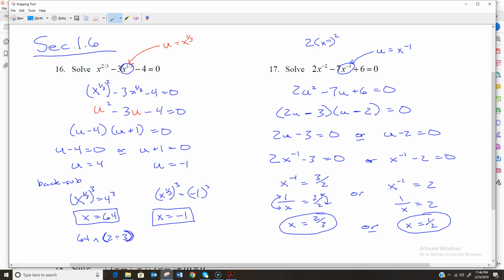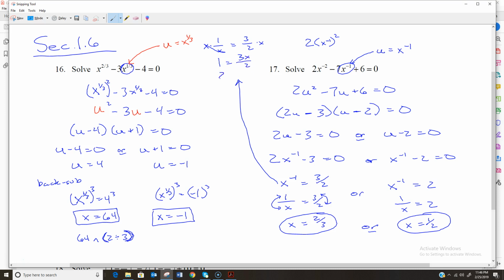If you didn't want to do that where you flip those, you could take both sides times x. Let me do that right up here. So like on this step, if I wanted to do 1 over x equals 3/2 and you don't like the flipping it, if you just take this times x and this times x, over here you'll get a 1. Over here you'll get 3x over 2.